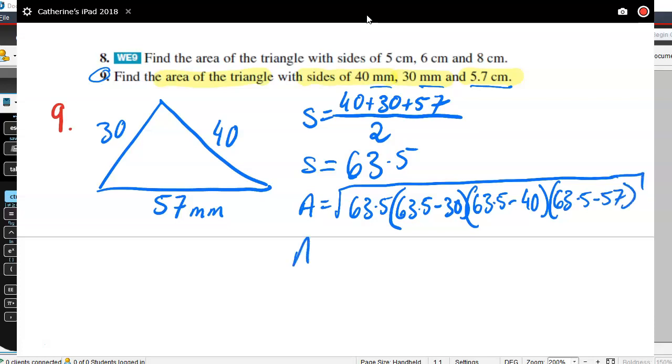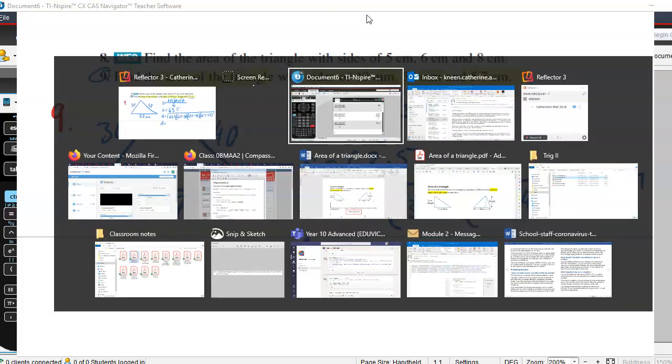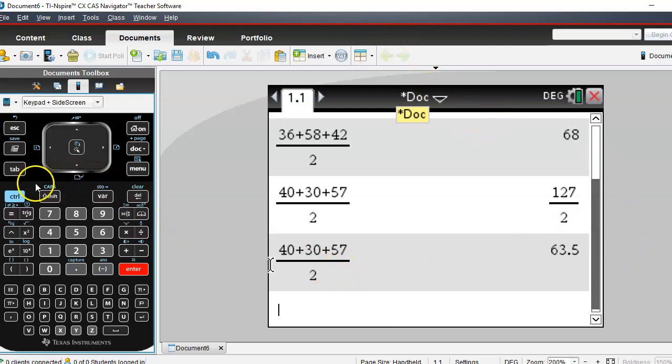Okay. You can see why this one takes a few more steps and a few more things that you could make a mistake on.